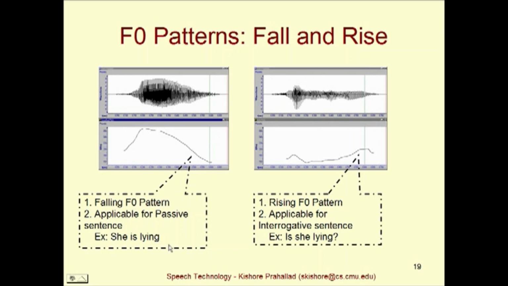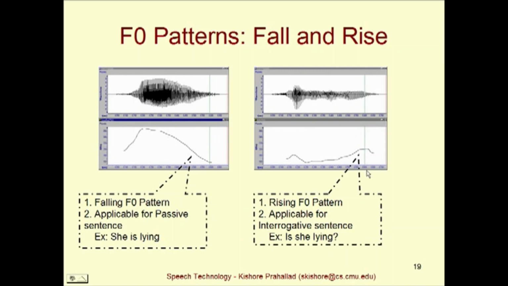For example, if you're saying "she's lying," then your F0 will decrease as you come to the end of the sentence. Let's take another example where you're finding a rise in the intonation at the end of the sentence.